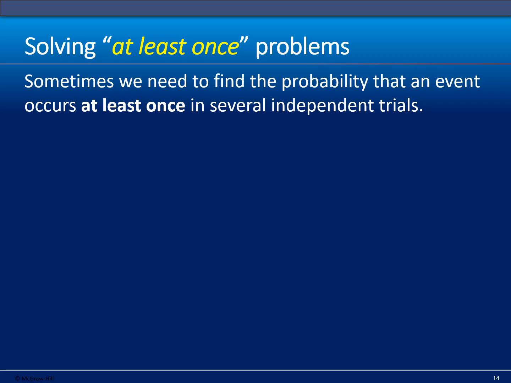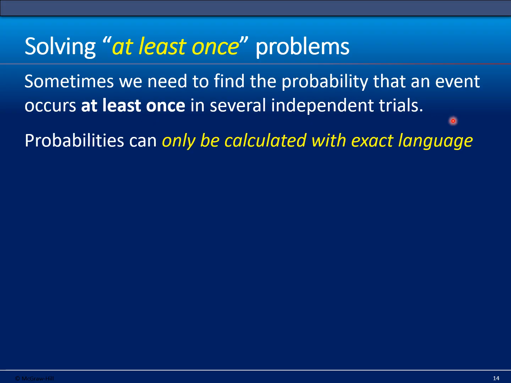Very often we want to solve at least once problems. We're looking to find the probability that an event occurs at least once in several independent trials. But again, since statistics is an exact science, you have to figure out what at least once means.